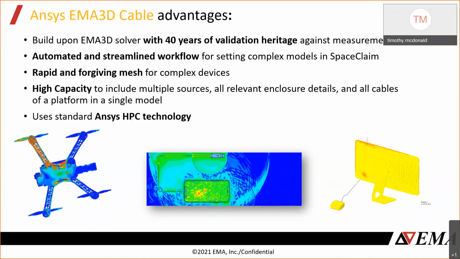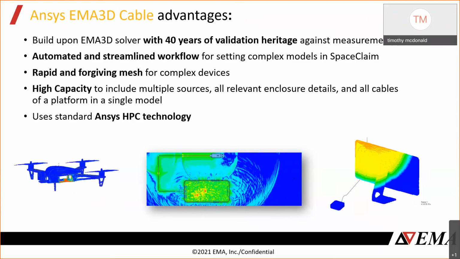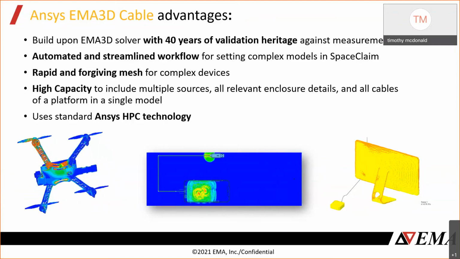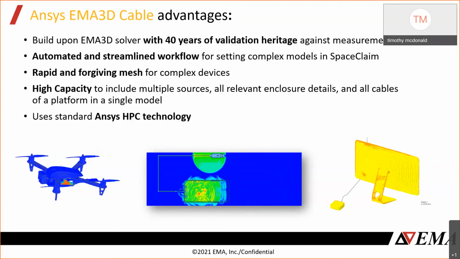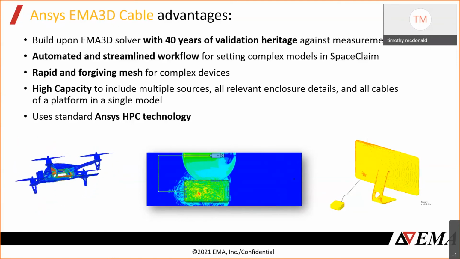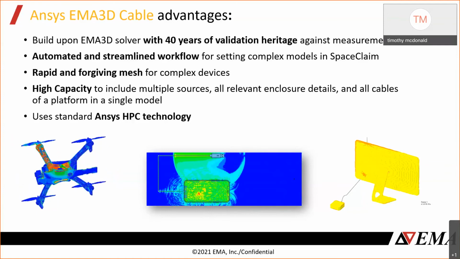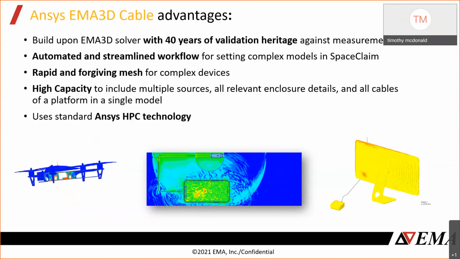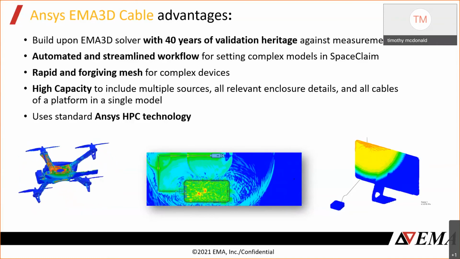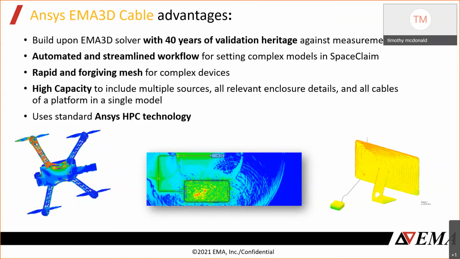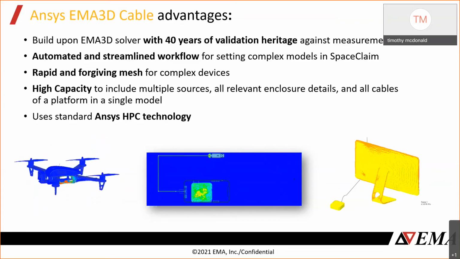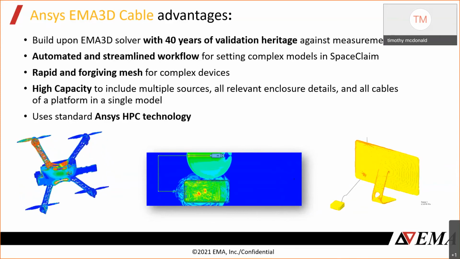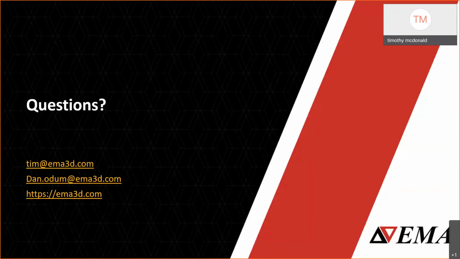We've had vehicles and enclosures that have hundreds, maybe thousands of individually defined surfaces within the product. And we're able to capture all of those details in the shortest period of time, both to prepare the model and then to run the simulation full wave. And again, because we're using the finite difference time domain method, this technique scales very efficiently, and it uses the standard ANSYS HPC technology to perform that scaling.